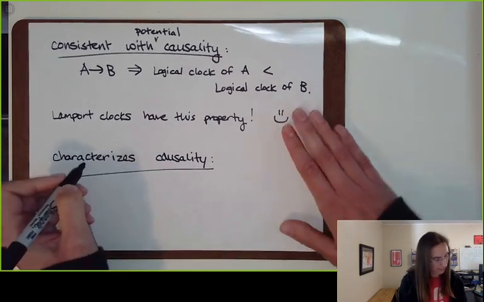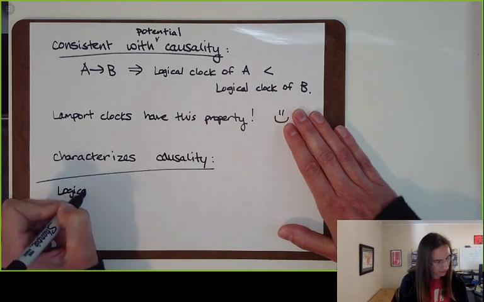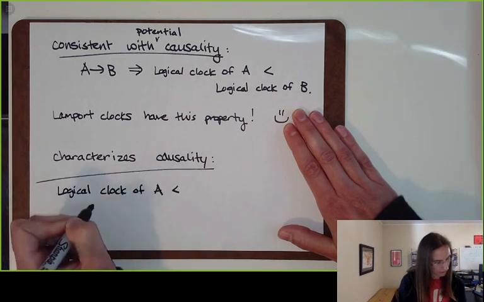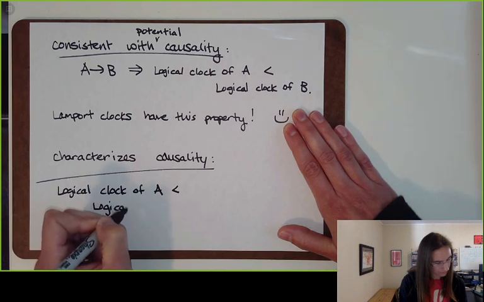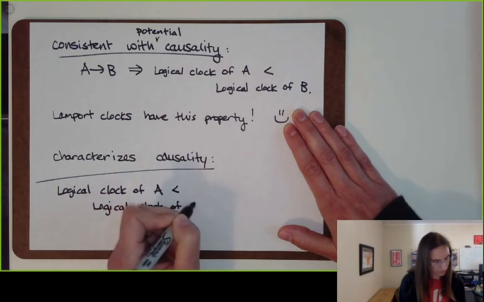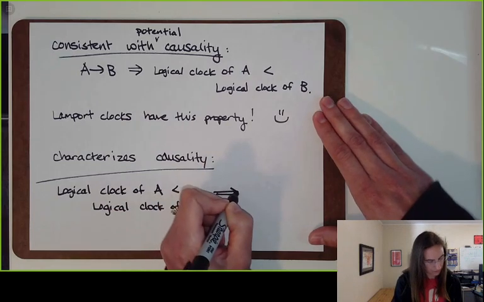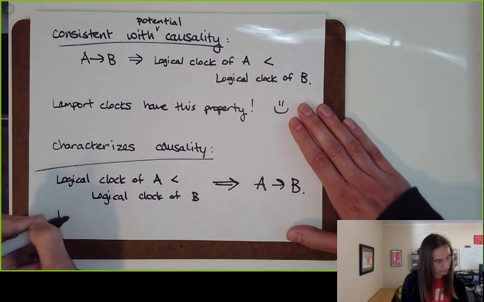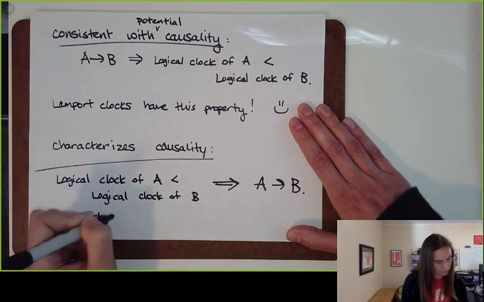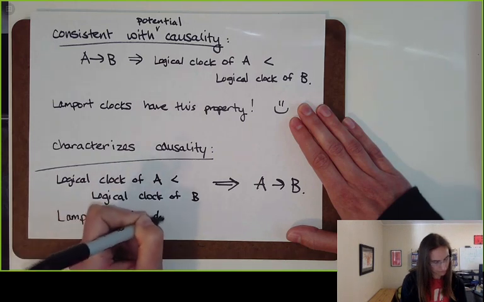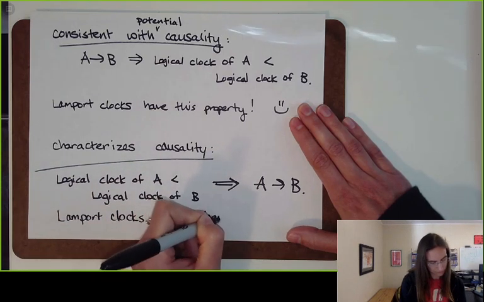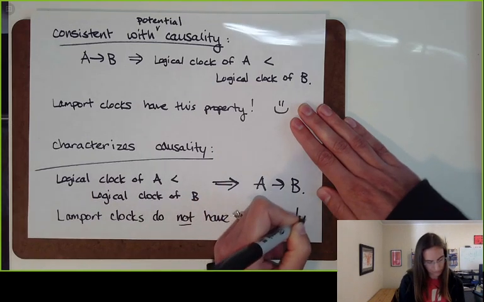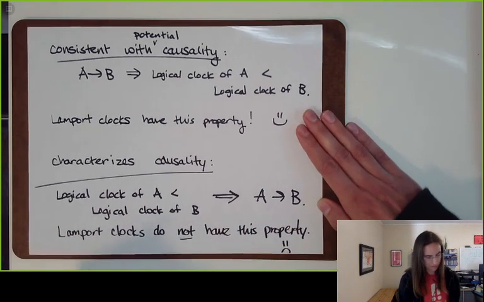And that means that if the logical clock of A is less than the logical clock of B, then A happens before B. And Lamport clocks do not have this property. Sad face.